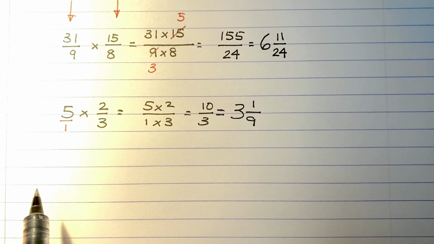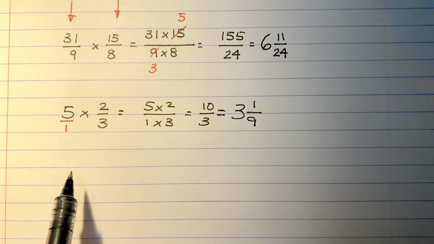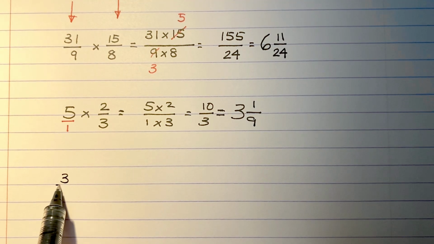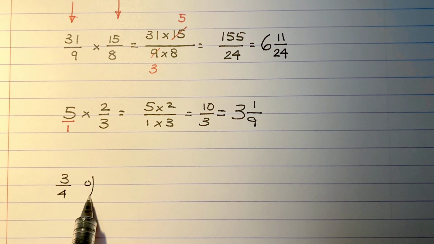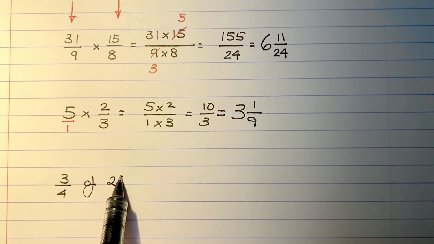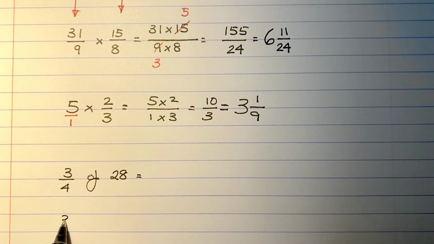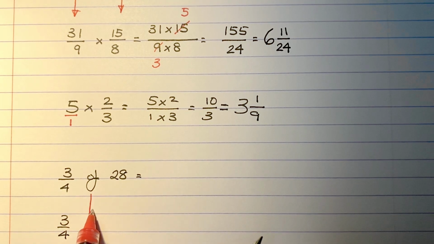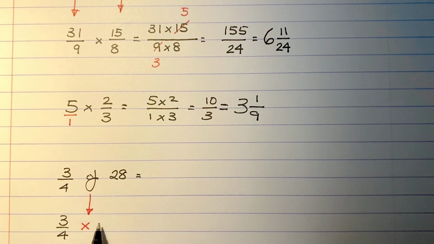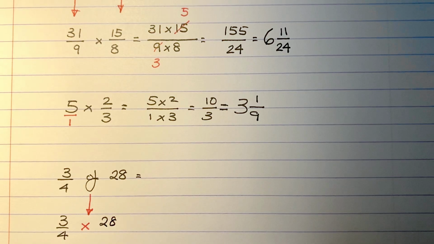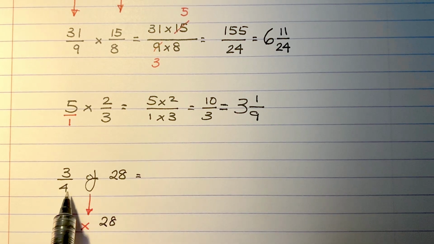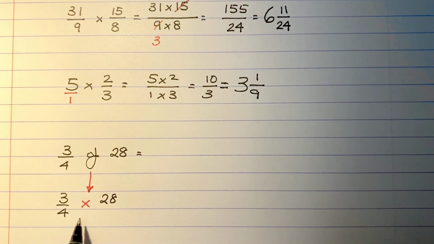Sometimes they don't use the word times. They use of. For example, they ask you to find 3/4 of 28. Of in maths means times. 3/4 of means 3/4 times 28. So remember, in maths, of means times.